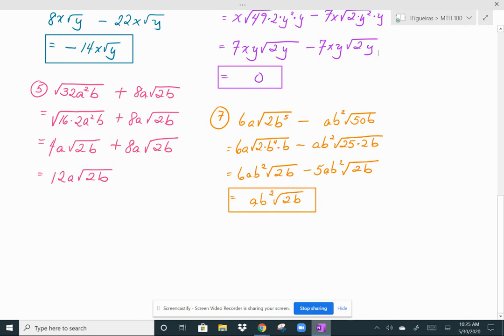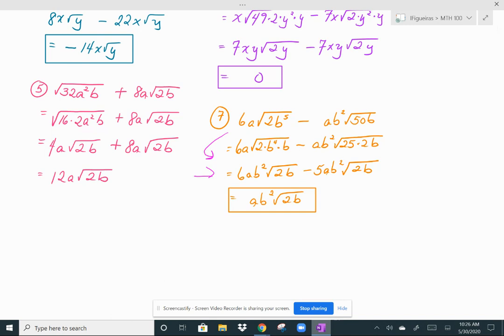Okay, here's one more. So I have 6a root 2b to the fifth minus ab squared root 50b. Okay, let's deal with the first radical first. B to the fifth gets broken down into b to the fourth times b. And in the next line, I actually take the square root of b to the fourth, and that comes out as b squared.